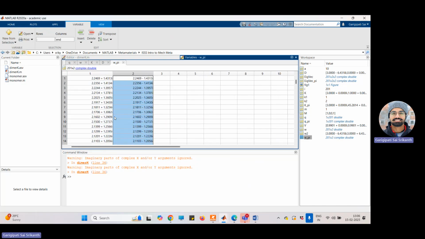Okay, what we see is there are lots of now this frequency. So frequency cannot be imaginary. Yeah, this is real. So we have to remove imaginary values of frequency because they don't make any sense. Here, these are real, these are imaginary.